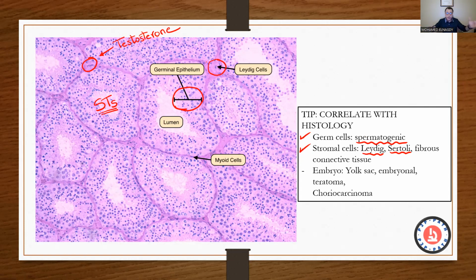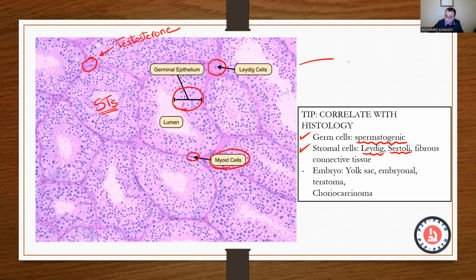And some fibrous connective tissue cells, since we have fibrous septa, so definitely we have fibroblasts. And to remember the entities, here they say myoid cells. You have some muscle cells, or myoid cells, in the septa in between the seminiferous tubules.